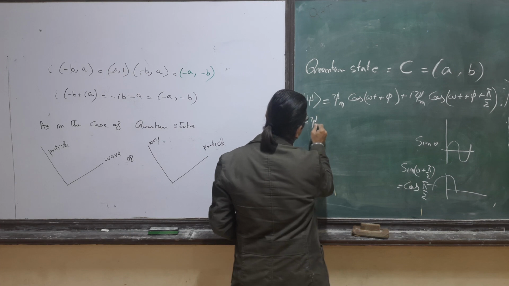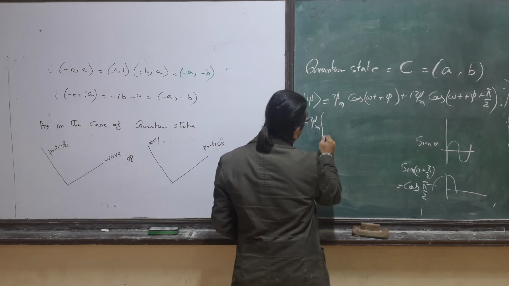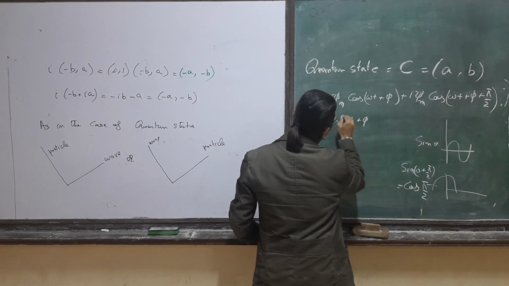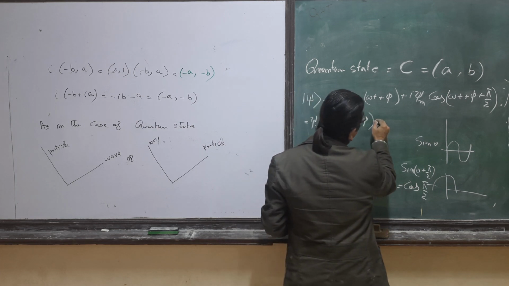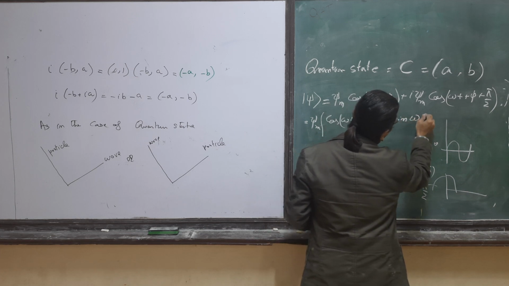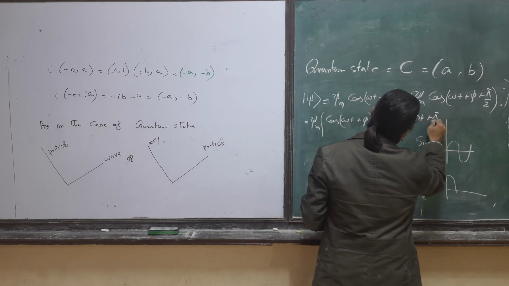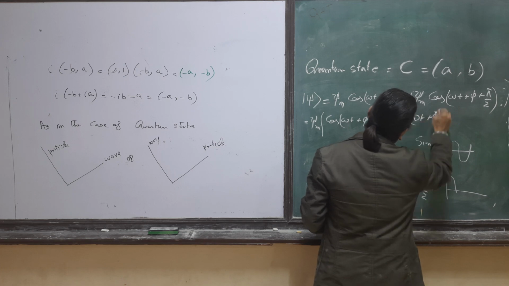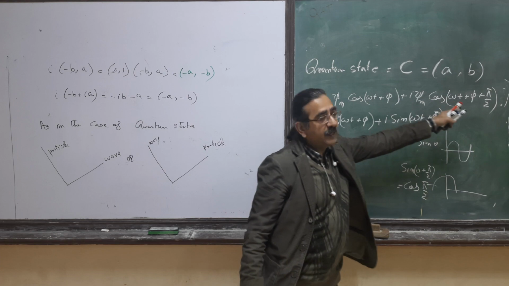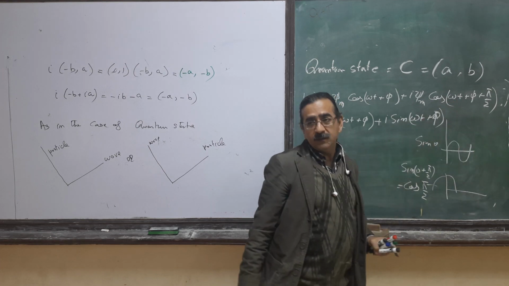If I take common, then this will be cos omega t plus phi plus iota sin omega t plus phi. No, both are cos. Sorry, both are the states, but with an angle of 90, and that will be converted into the sine.